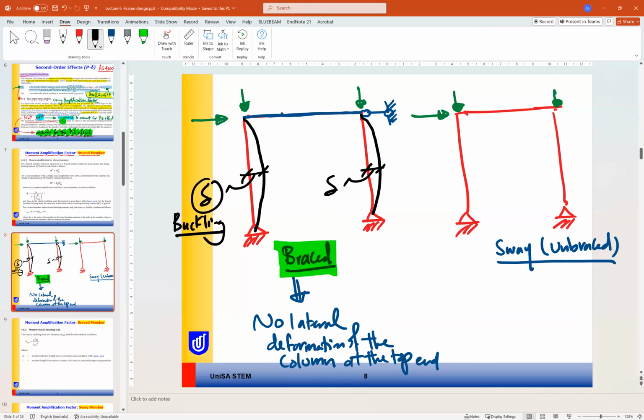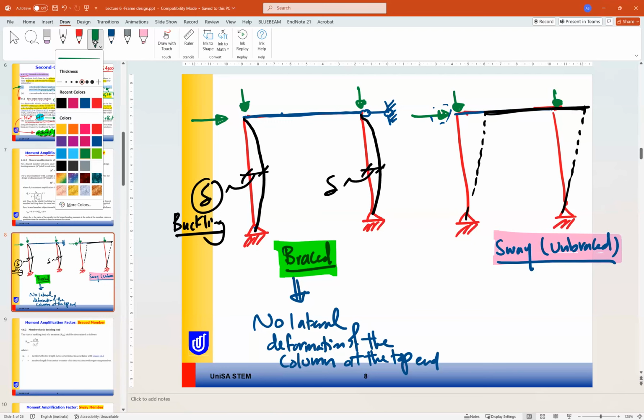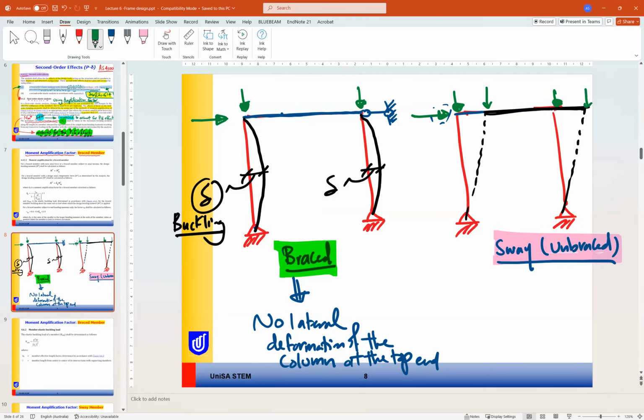In the other type of columns or frames, the column is not prevented from moving laterally because we don't have any support for this member, the beam or the rafter. So what will happen when you apply this load? The column will move laterally. So this is the new member location. What is this movement named?